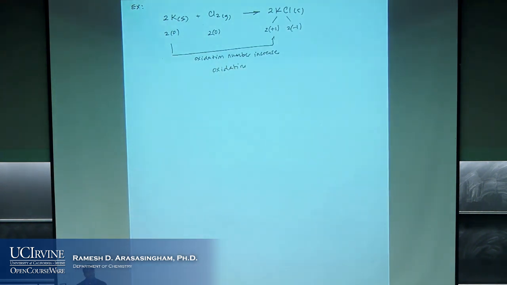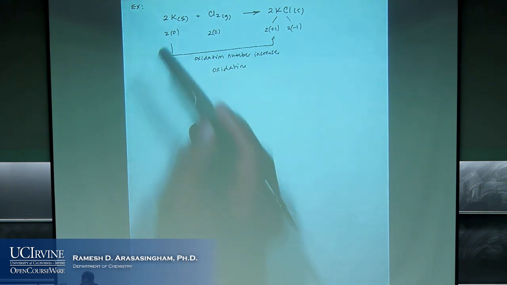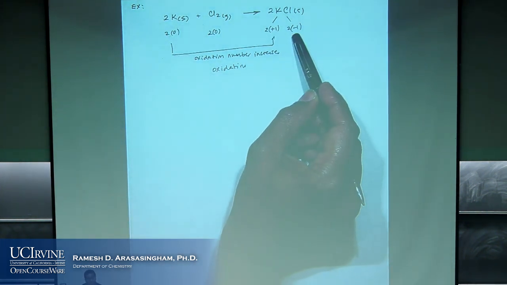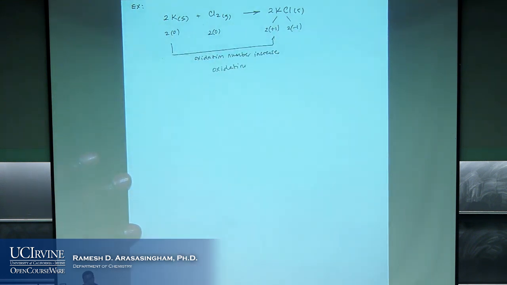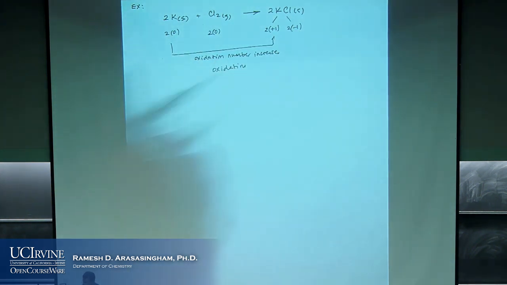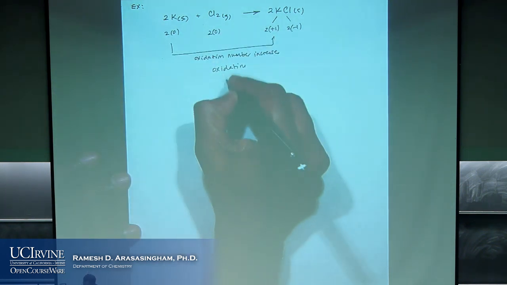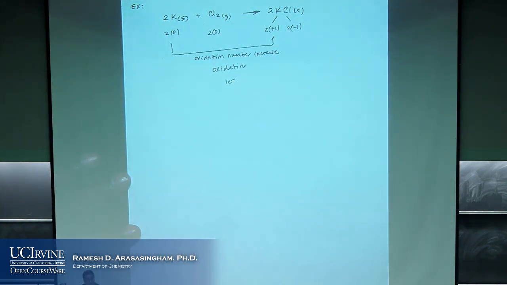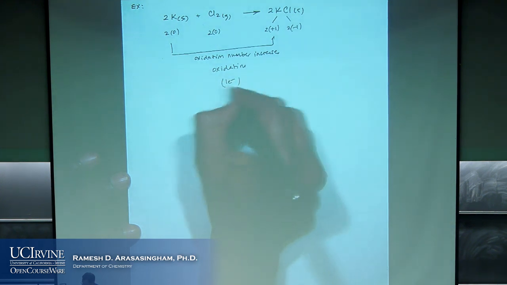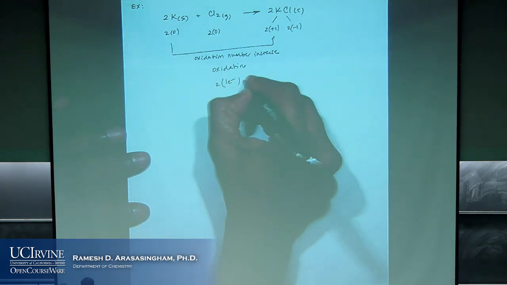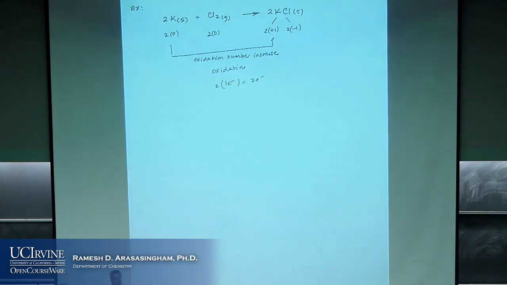And we know that's an oxidation. And by how much does it change? Each one goes from 0 to +1. So if there's a change of 1, that means 1 electron is being transferred. But there are 2 atoms, so overall 2 electrons are being transferred.